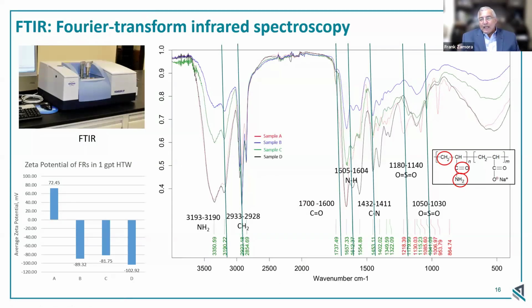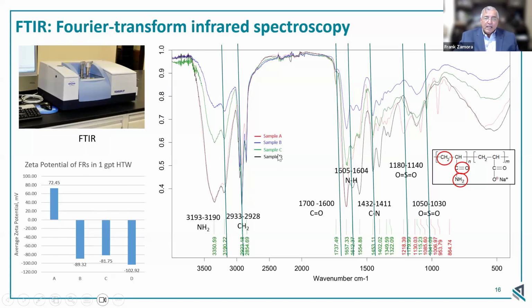So in phase 1, we use FTIR, the Fourier Transform Infrared Spectroscopy. Here I added another piece of information, and then we also do zeta potential, just to give you an example of those 4 initial FRs that we tested, which are these right here.